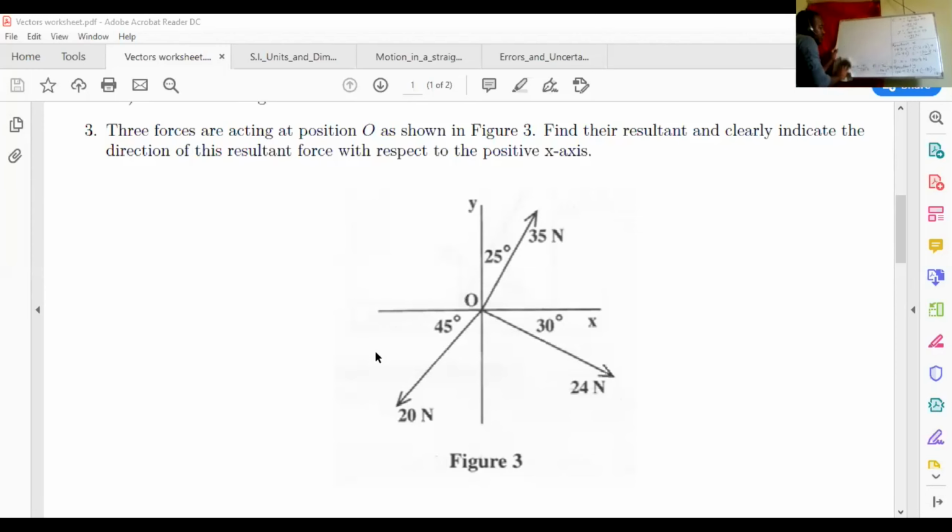One sec. 14.6 degrees. Okay. With regards to the x-axis, right? Yes. Okay.